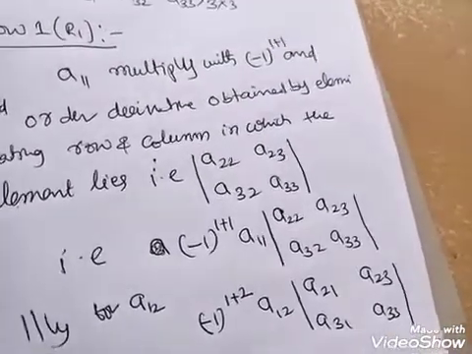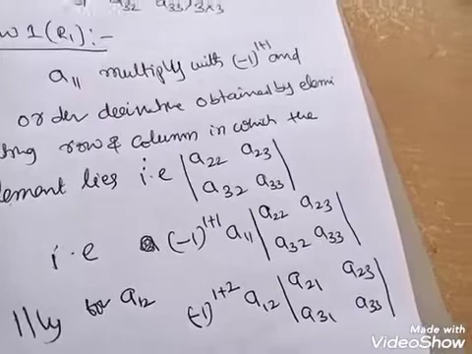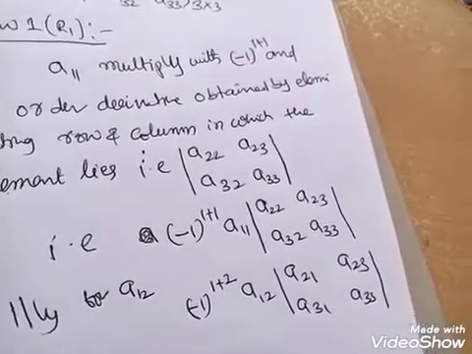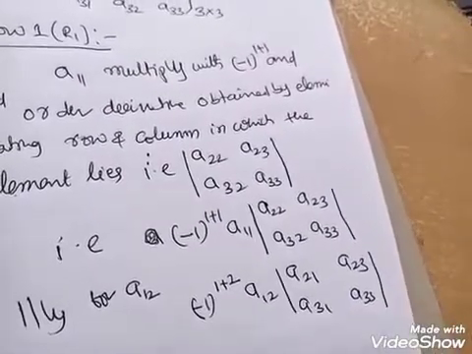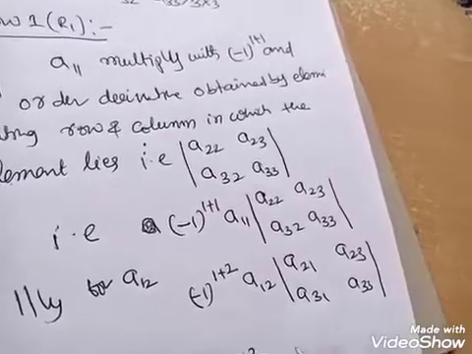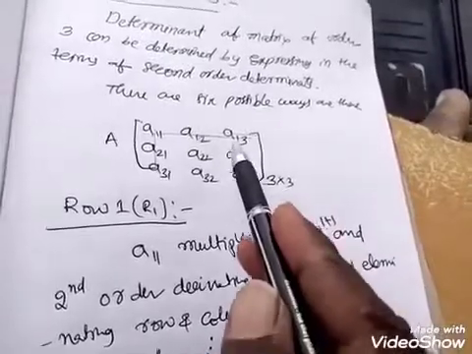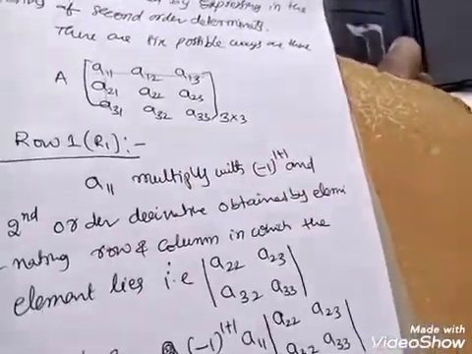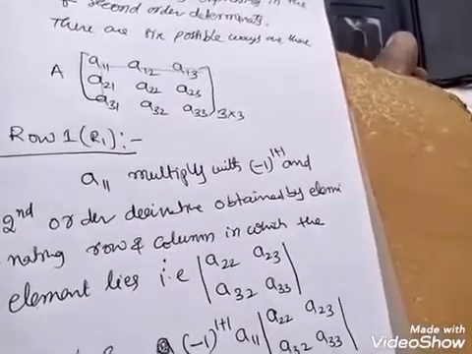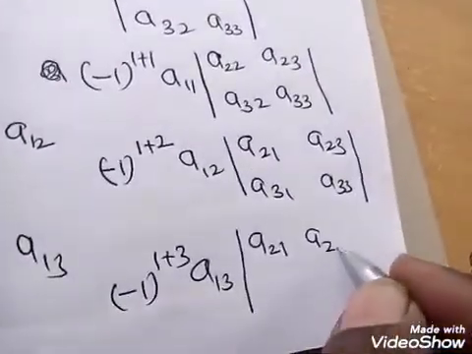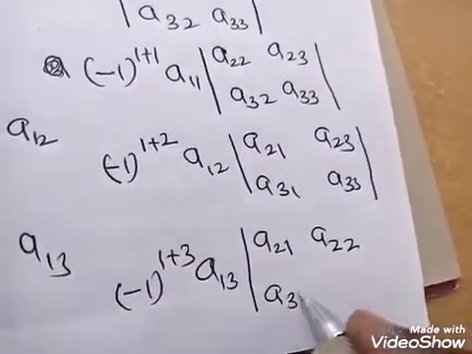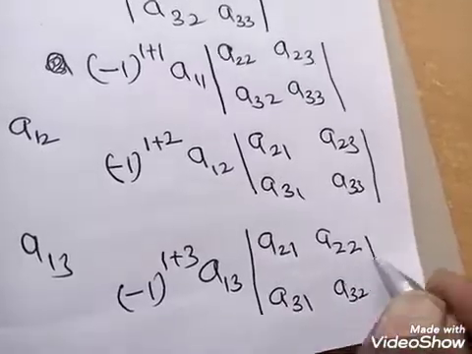And for A13, minus 1 power 1 plus 3 into A13 into, by removing this row and column, the determinant of A21, A22, A31, A32. Now you have all of these.